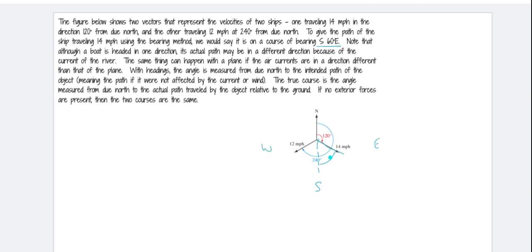So this angle in here is 60 degrees, because 180 minus 120 leaves 60. So we would give the bearing method as saying it's 60 degrees east of south. From south, it's to the east of south by 60 degrees. That's the bearing method.